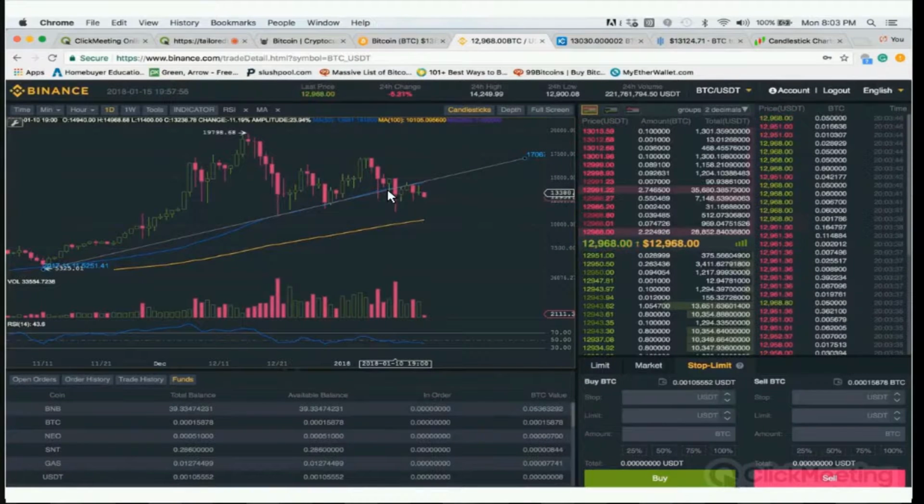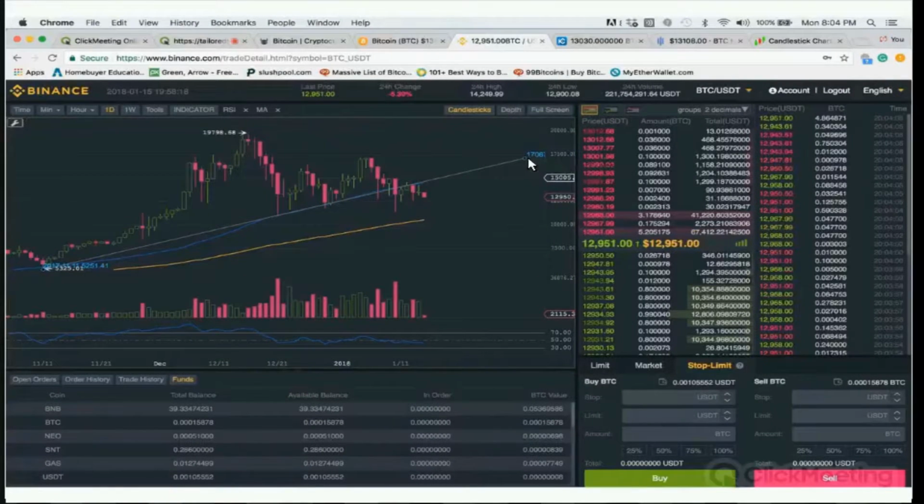A good saying in the investment space is that resistance becomes support and support becomes resistance. So here it's acting as a support line, but once price crosses over, it starts acting like a resistance line, as you can see here on the board.